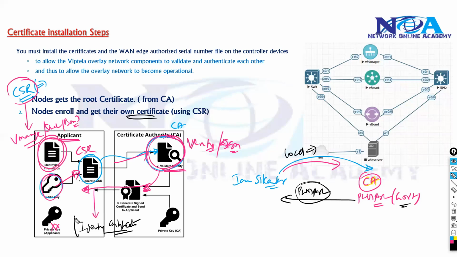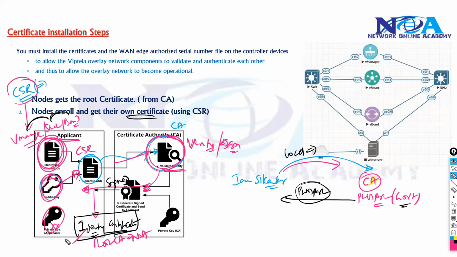In a similar way, every node will get its own identity certificate, which is signed by the CA. And when the vManage, vSmart or vBond talk to each other, they will be authenticating and identifying each other based on these certificates. They know that this certificate is coming from this root CA, and they already have this root certificate.